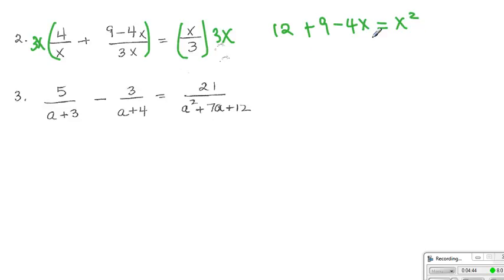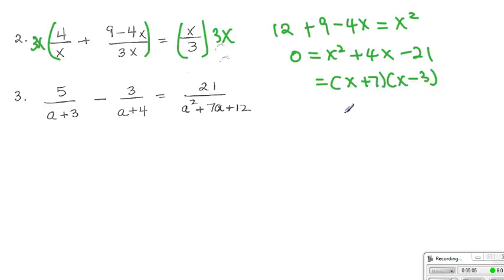Bring everything onto the other side, we end up having 0 equals x squared plus 4x, and then this one would have been 21, but going over to the other side, we get negative 21. So this factors into x plus 7 and x minus 3. Then we realize that x has to be either negative 7 or 3. So in this case, both of them would be correct answers.